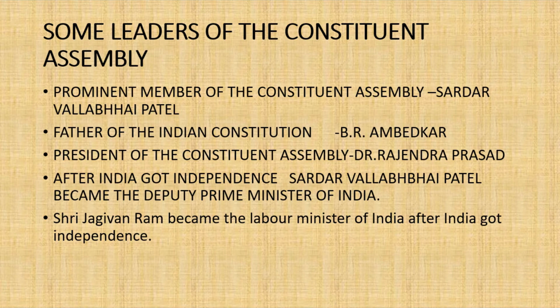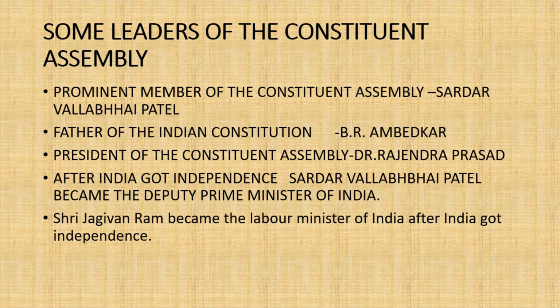Then, this was done not by one person. The drafting of the constitution was done not by one person, but by a group of around 300 people who became members of the Constituent Assembly in 1946 and who met periodically for the next 3 years to write India's constitution.